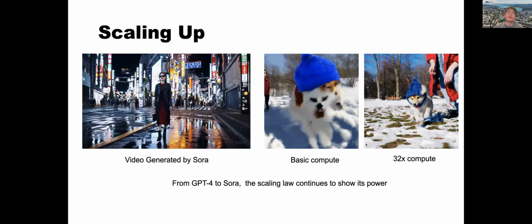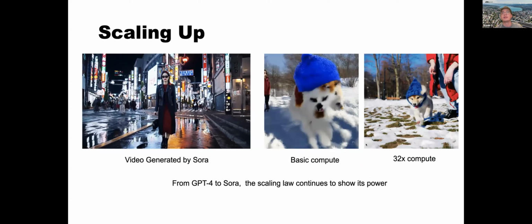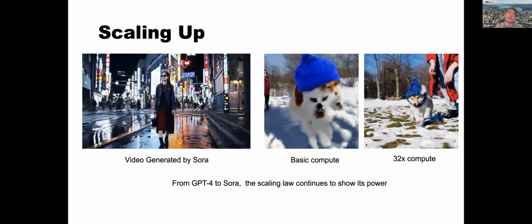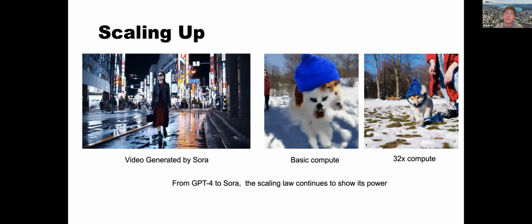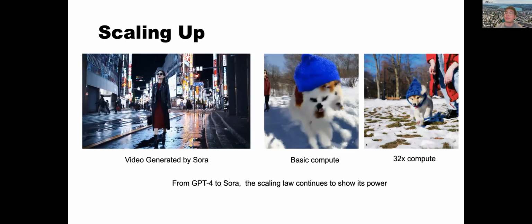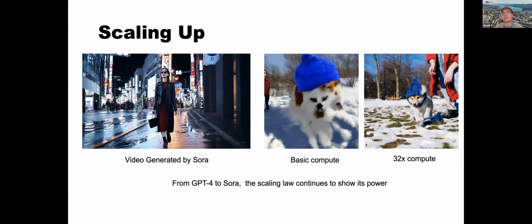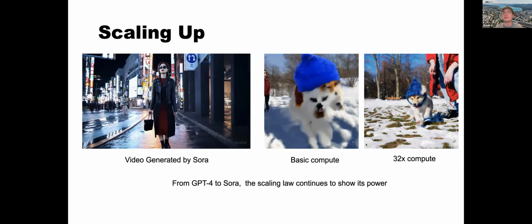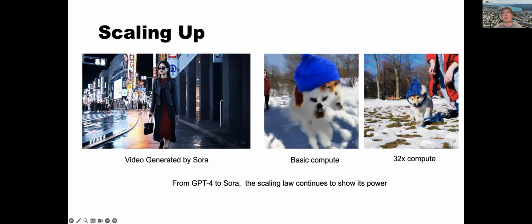So today I'm going to talk about how to scale up the tracking task in order for us to develop trackers that can track anything. Scaling up has shown a lot of magic advantages. For example, if you scale up the models for video generation, you can generate very realistic videos, as shown by Sora.